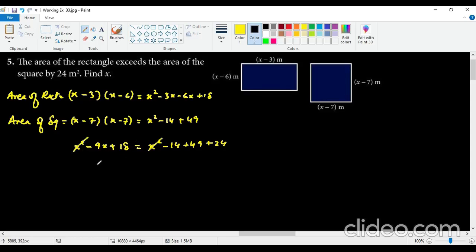And if I bring everything on one side of the equation, this is minus 14x plus 49, and with 24 it is going to give us 73. Let's break this out.